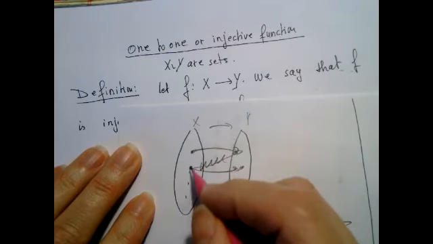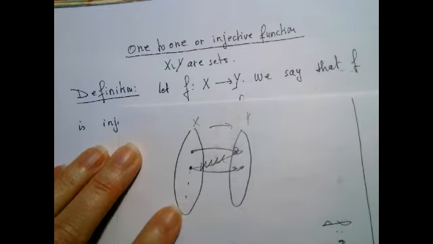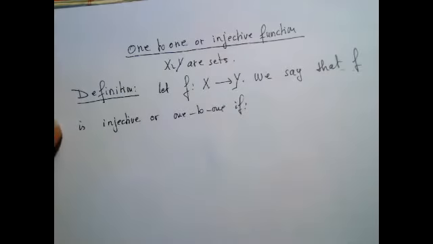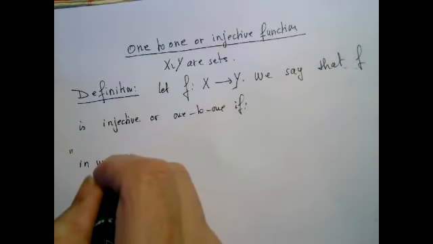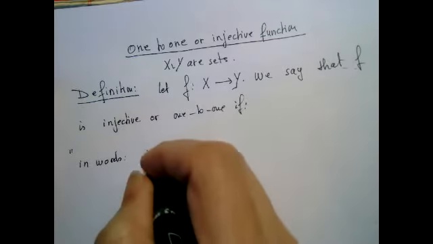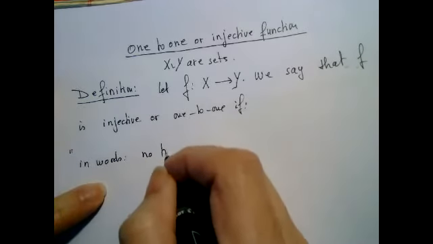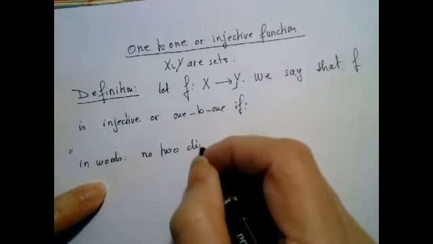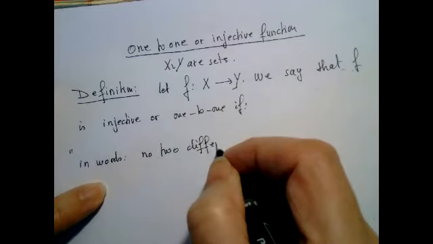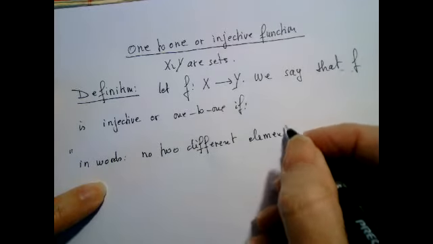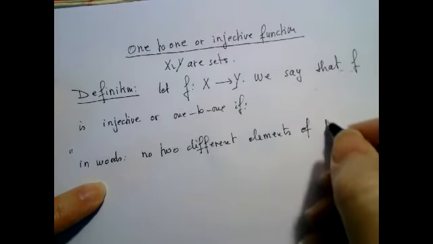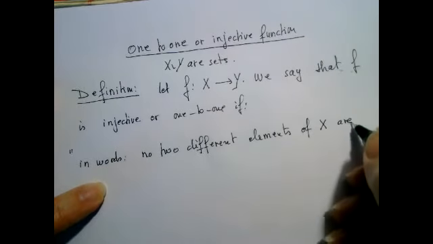So no two elements are assigned the same element. In words, F is one-to-one if no two different elements of X are assigned the same element in Y.